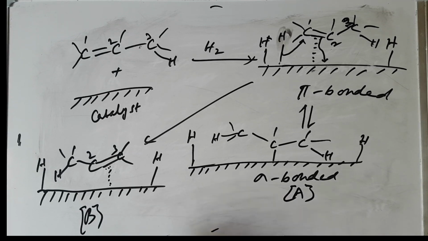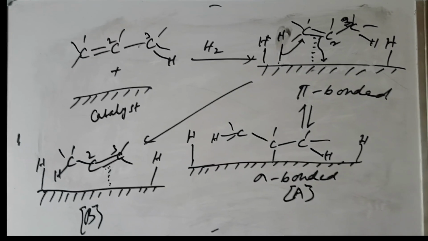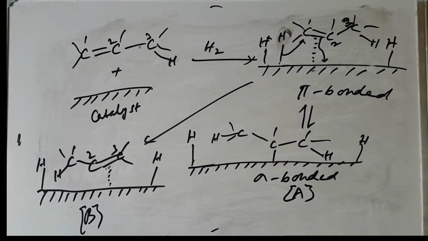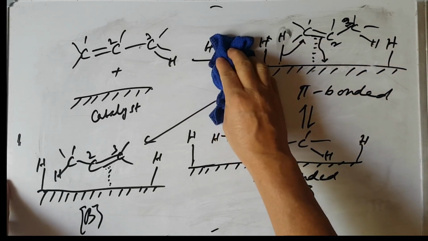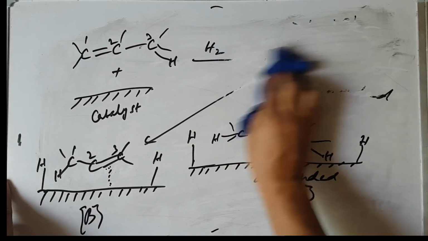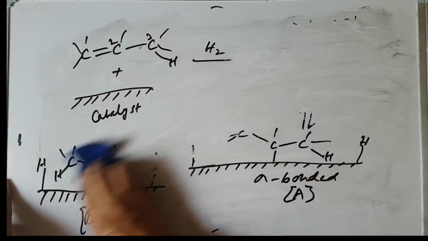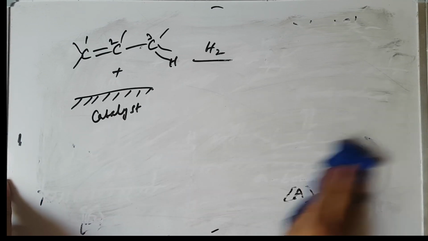Now this compound can also have another structure, like this. This is A, and B is here.